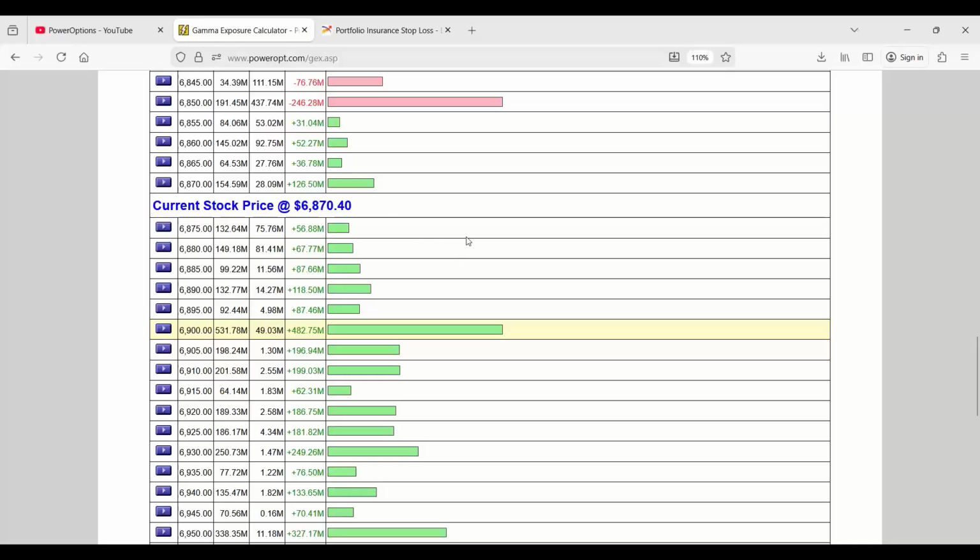That's how most people, as I've understood, as I did my research this week, are using the GEX to find that. So if I logged in on Monday, 10 or 15 minutes in, and I see a target price of 6,900, SPX is at 6,870.